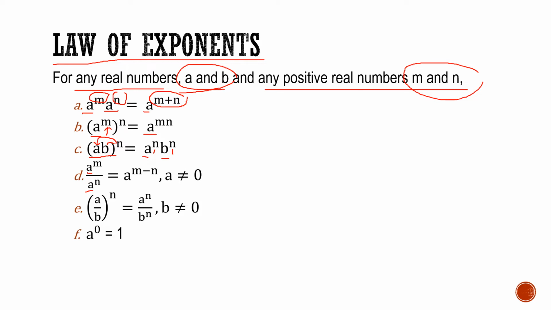If the operation between your two exponential expressions is division, we simply copy your base and subtract your exponent in the denominator from your exponent in the numerator, as long as we satisfy the condition that a is not equal to 0.